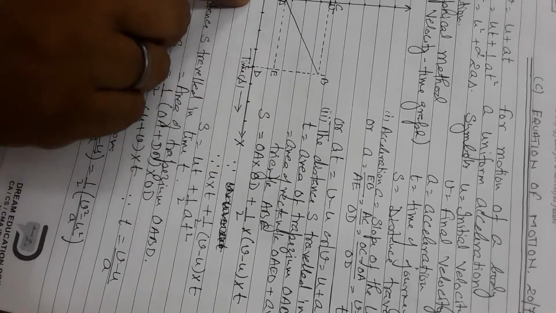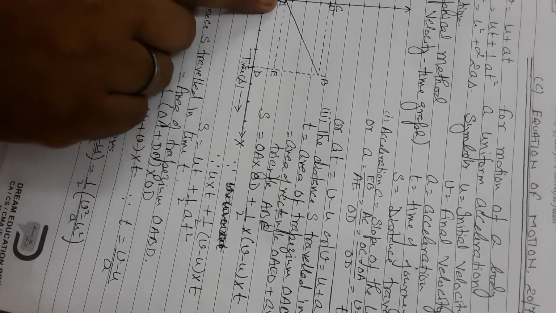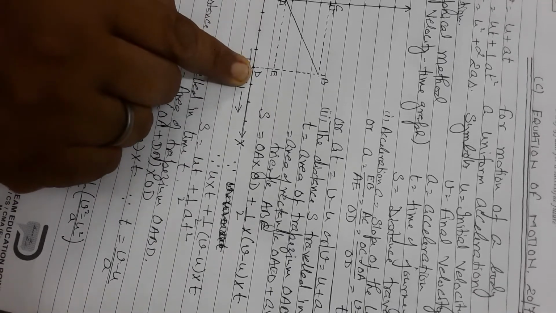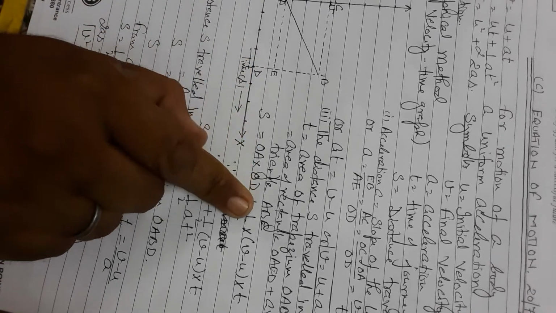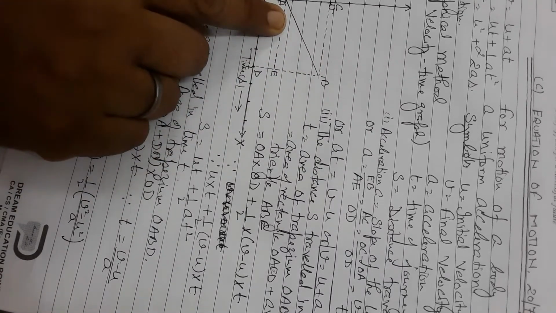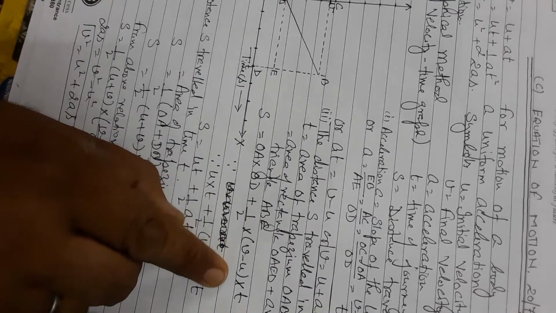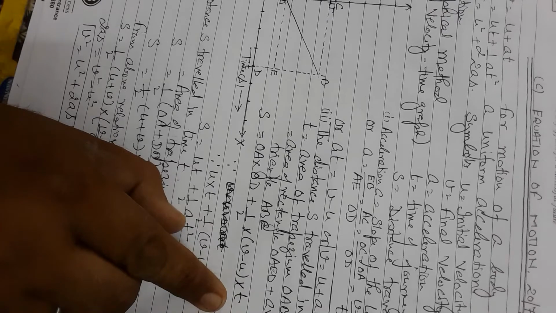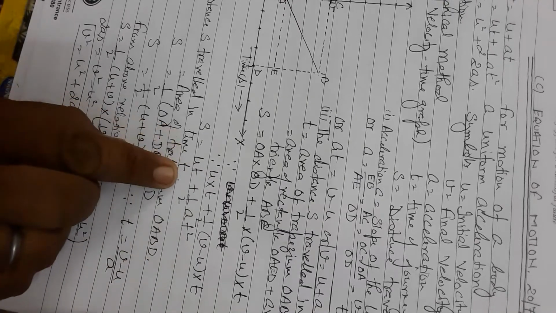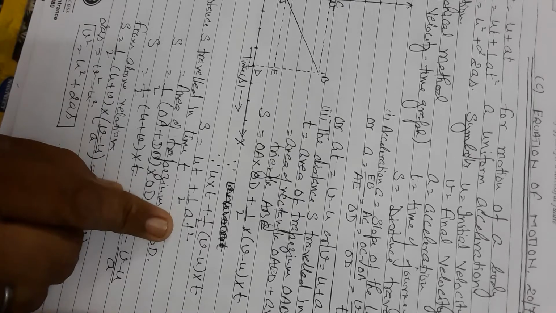Area of rectangle is OA into OD, length into breadth, plus area of right angle triangle ABE, which is half of base into height: half, base V minus U, into height T. So it comes as UT plus half of (V minus U) T. S is equal to UT plus half AT square.